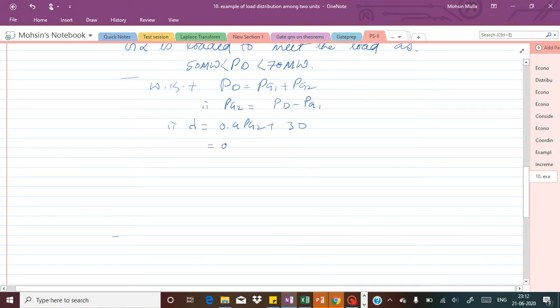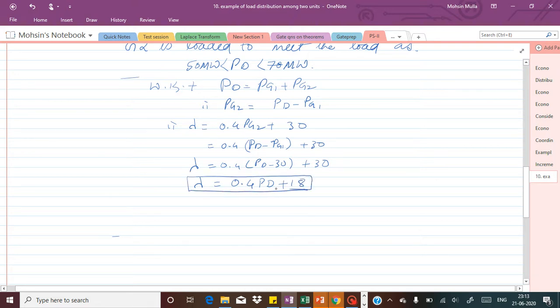Substituting Pg2 we get 0.4 times PD minus Pg1 plus 30, and Pg1 is already set at 30, so PD minus 30 plus 30. So this lambda will be equal to 0.4 PD plus 18. This is the equation for incremental cost that will govern for the demand between 50 megawatt and 70 megawatt.